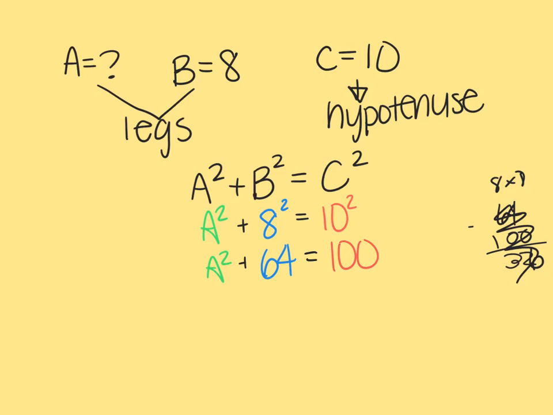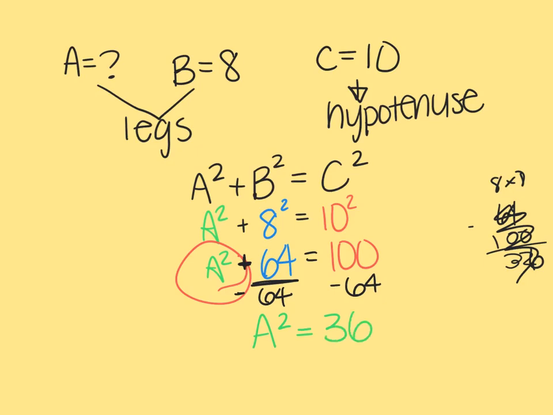Now this time, you can't just be so quick and so hasty to add them up because we have A on this side. We're solving for A. Since we're solving for A, we have to get rid of this 64 that's on the same side of the equation. And in order to get rid of that, you guys should know that you have to subtract. So we get that A squared equals 36.